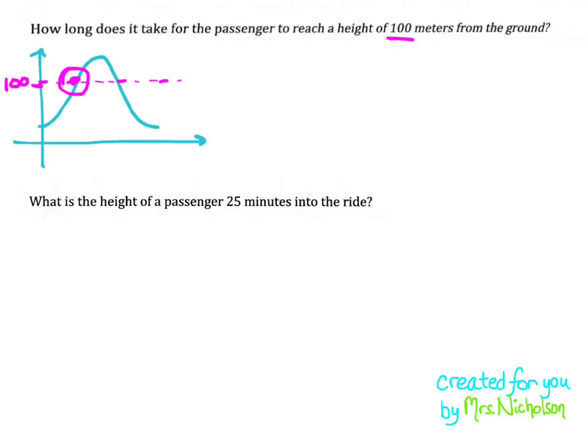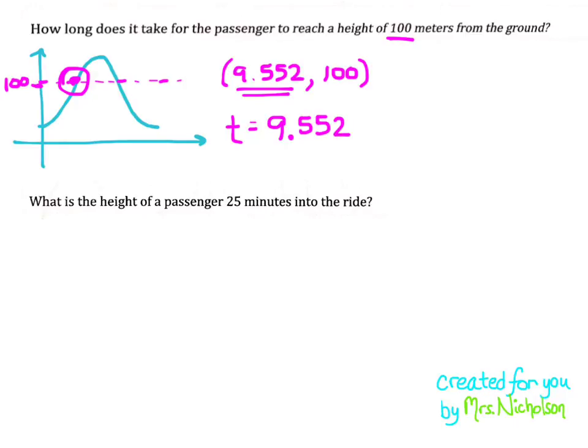We want to find the intersection point. So on your calculator, you're going to go to Menu, Analyze Graph, find the intersection. And if you do that, you're going to get the point 9.552, 100. That's the intersection point. And so this number here, that's the time. That's how long it takes to get 100 meters off the ground, 9.552 minutes.